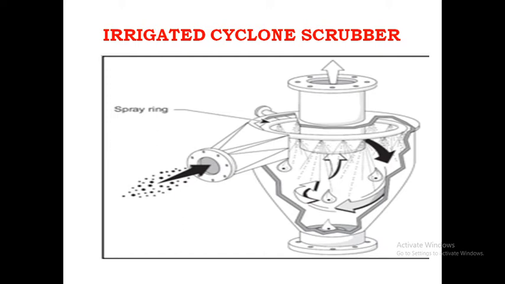The liquid droplets produced capture the pollutants and are eventually thrown to the side wall and carried out of the collector. Cleaned gas leaves through the top of the column, or top of the chamber. Are you clear? Okay. This is the working principle of the irrigated cyclone scrubber.